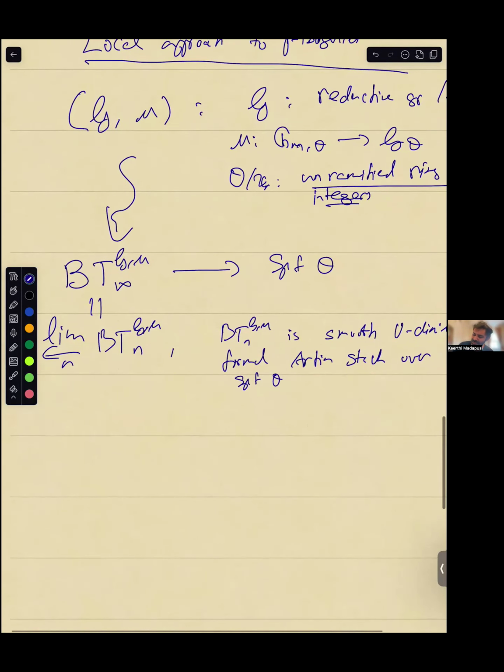And this BT_G,mu infinity is the inverse limit of all these under smooth transition maps.